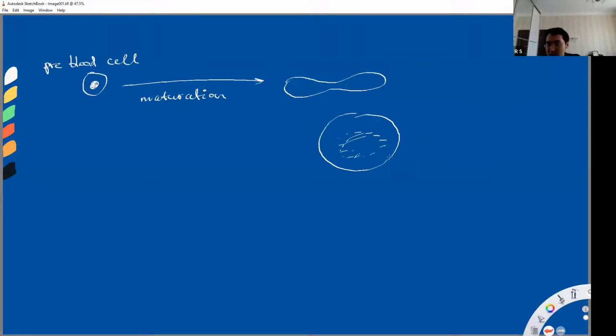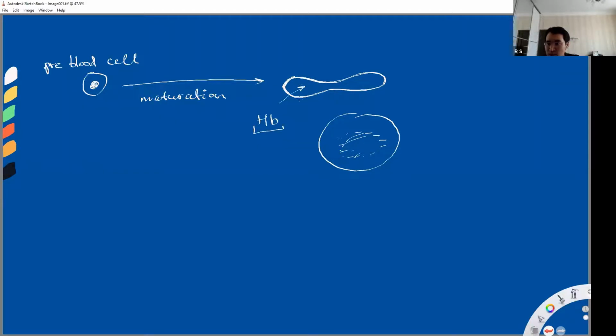And it does not contain any organelles that reduce the internal space of the erythrocyte. So this whole space is occupied by hemoglobin. This is a very specialized, or differentiated, cell that is used for a very specific role in the organism. So it only contains hemoglobin.